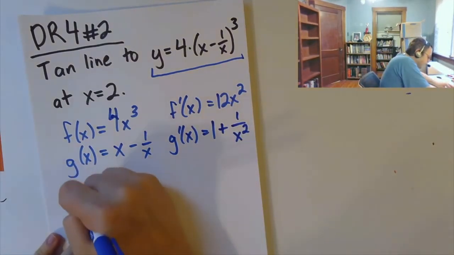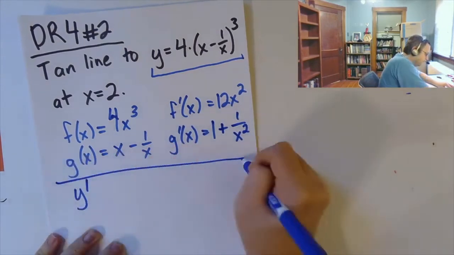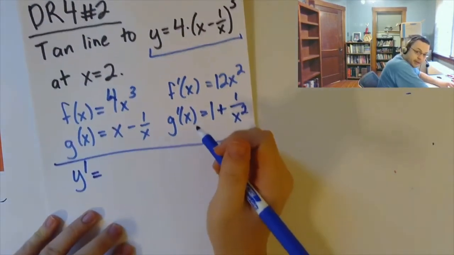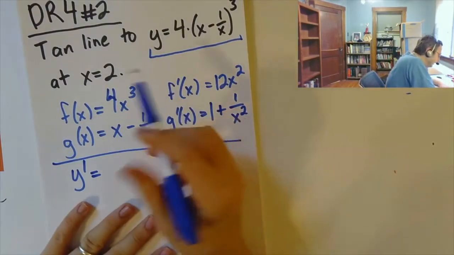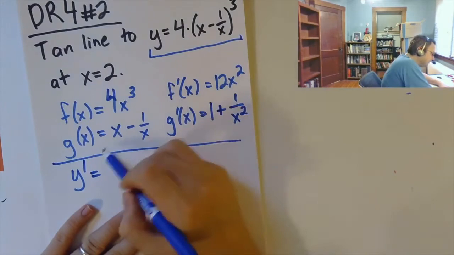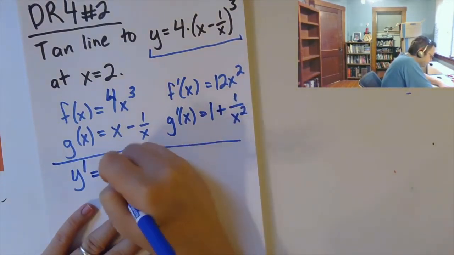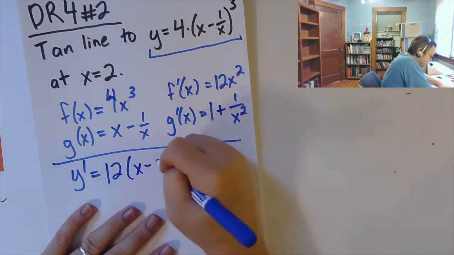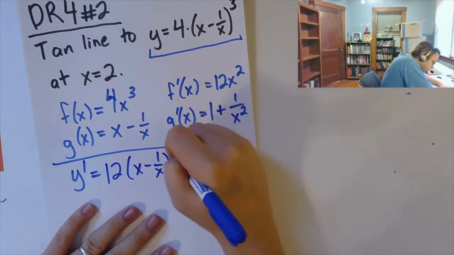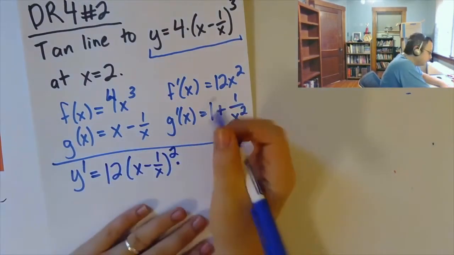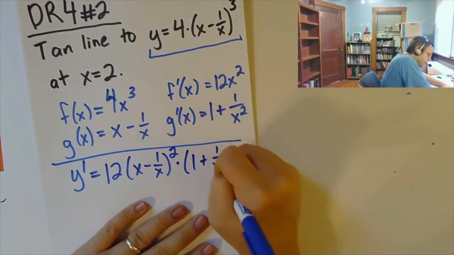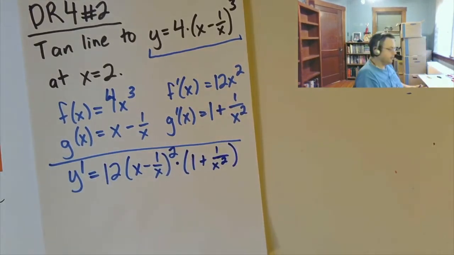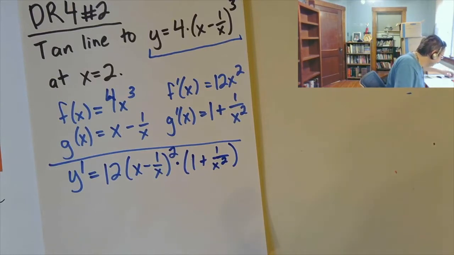So then y prime, by the chain rule, is going to be equal to f prime of g, so that is 12 times (x minus 1 over x) squared, times g prime. And g prime is going to be 1 plus 1 over x squared. Okay. So that is my derivative courtesy of the chain rule.